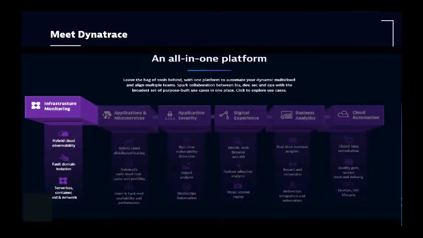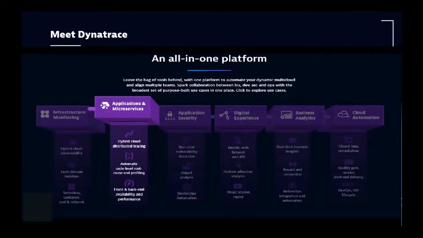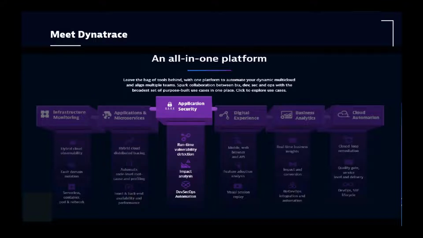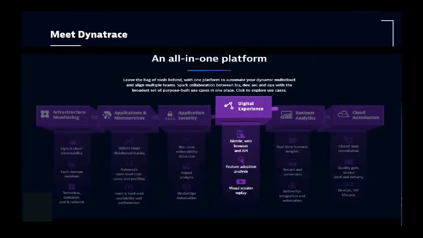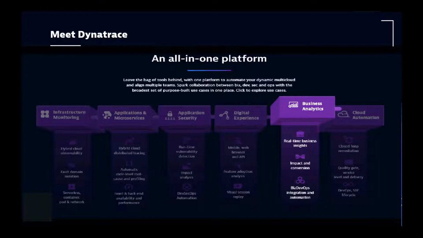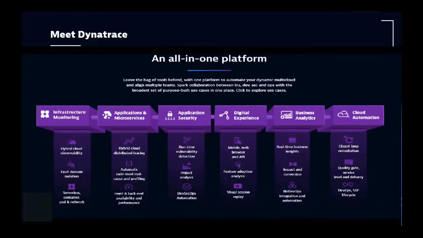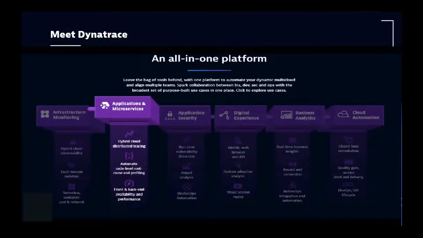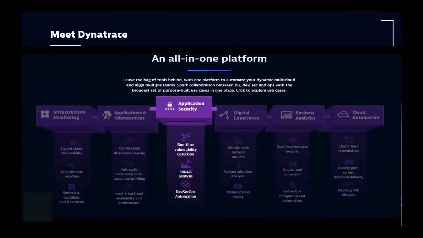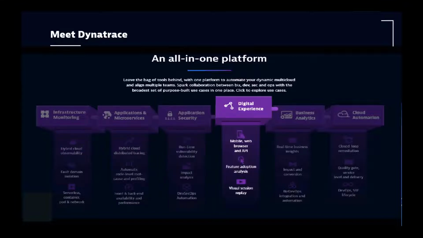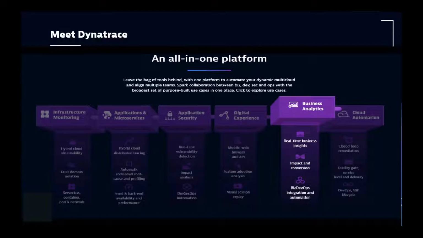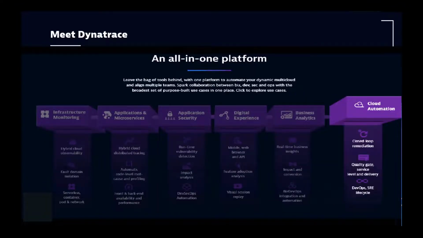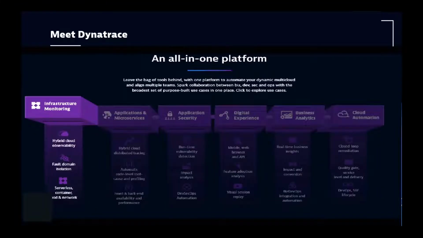And then finally, our newest module, which is our application security module, which provides runtime application security and protection, optimized for Kubernetes and cloud native technologies across the lifecycle. And to put it all together, our analytics and Smartscape, which provides you with the precise root cause to your problems and auto-discovers your ever-changing environment in real time.